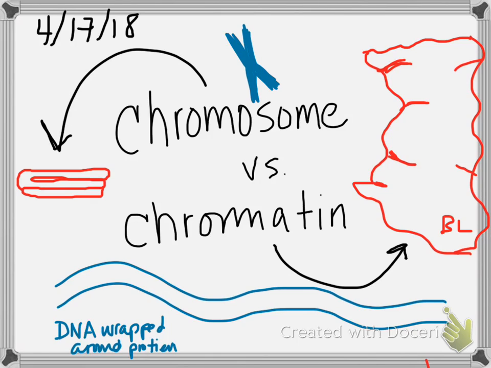So, still DNA and proteins. It's a double copy, double-stranded DNA. But more compact, easier to transport, less likely to get broken, snagged, torn, dropped on the stairs. That's a metaphor. There are no stairs.